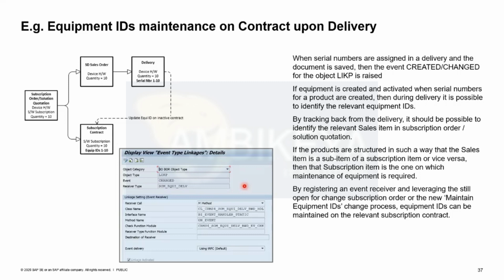So I showed you 2 ODI steps, one to update the equipment details. Once the delivery happens, there is an event which will update the subscription contract with the equipment details. Okay, so these are the technical details of how the subscription contract will be informed of these equipments.